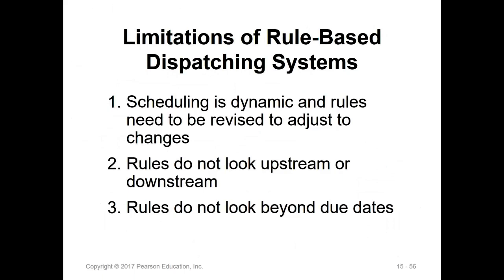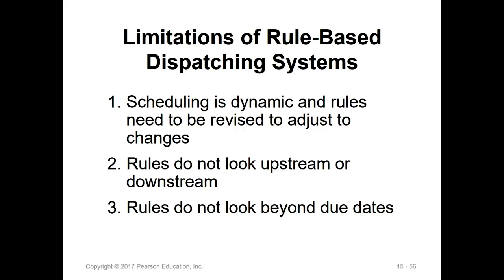And the limitations of the rule-based dispatching system: a rule is always fixed. Rules are not a person. They are not flexible. If there is a computer system, and you define the system already, it always gives you the sequence according to the rule. That means it has less flexibility.